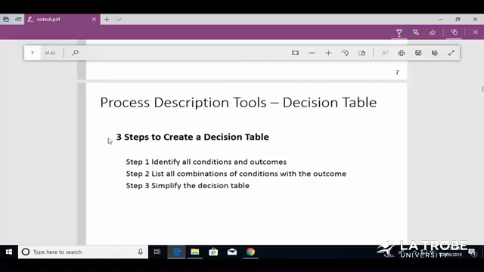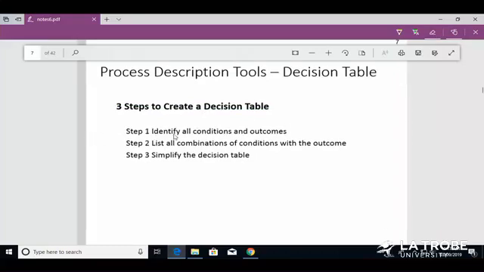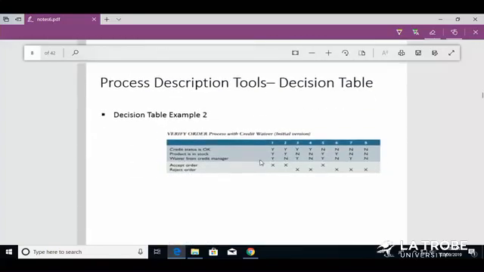So basically there are 3 steps to create a decision table. The first one, we need to identify all conditions and the outcomes. List all the combinations of conditions with the outcomes. Simplify the decision table.